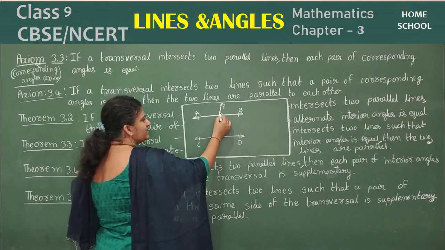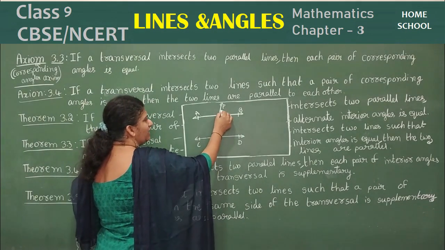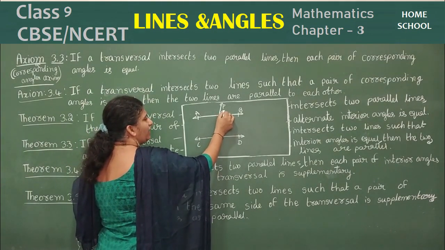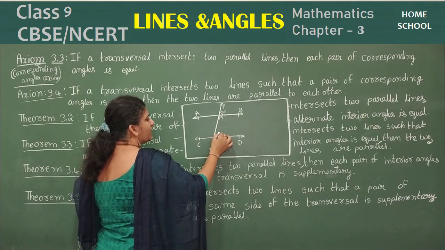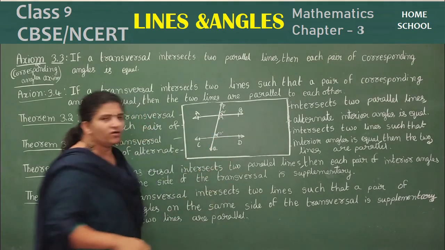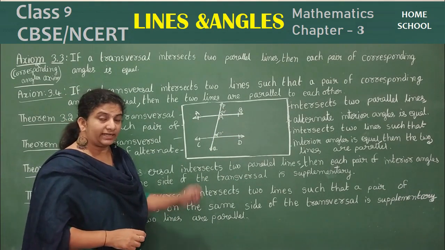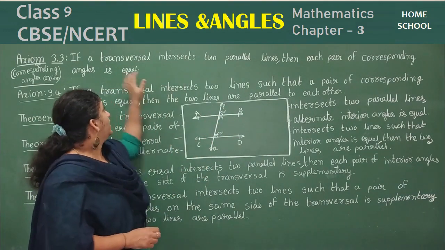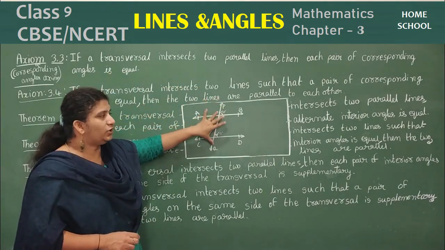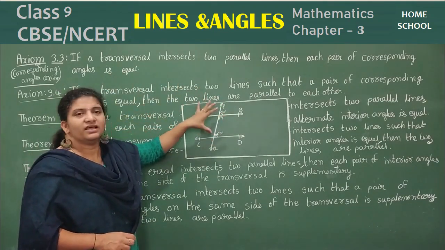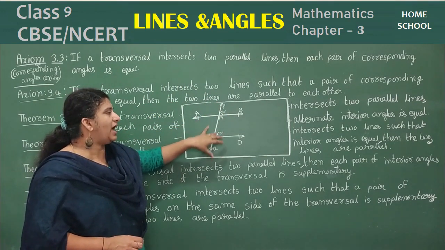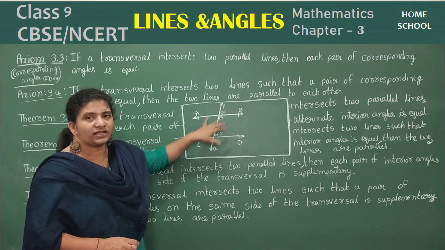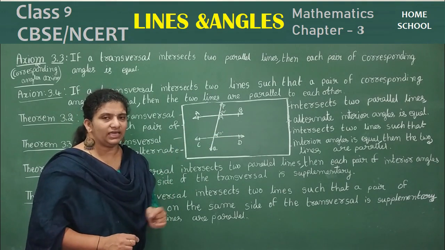Suppose if it is intersecting here, creating an angle of 50 degrees, then its corresponding angle is also 50 degrees. So what is the statement? If a transversal intersects two parallel lines, then the pair of corresponding angles are equal.